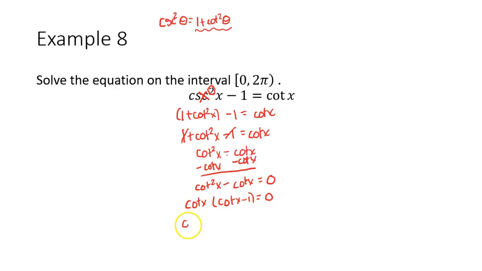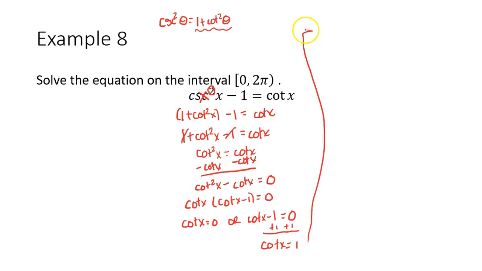Using our zero product property, we'll have the cotangent of x is equal to 0, or the cotangent of x minus 1 is equal to 0. And if we add that 1 over to the other side, we'll have the cotangent of x equal to 1.